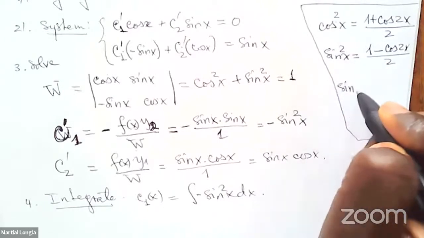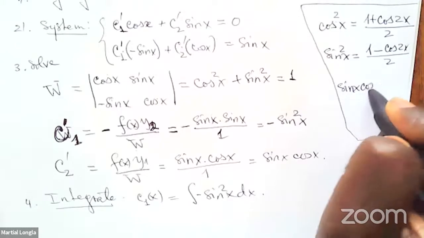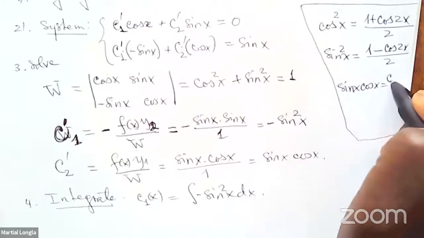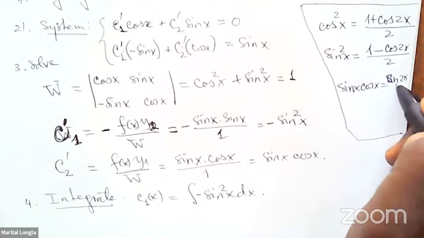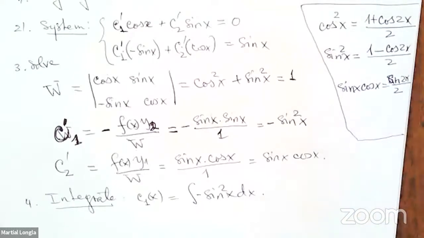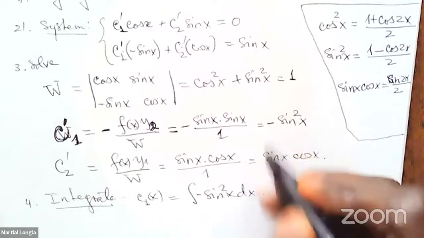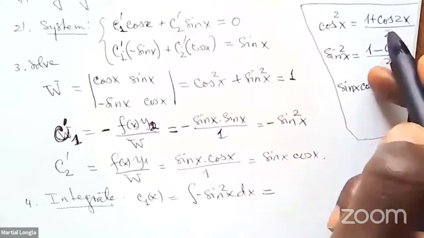And sine x cosine x is nothing but sine 2x over 2. These formulas are pretty handy when you're solving problems like this and you encounter sine squares, cosine squares. So in this integral, if I don't know this, I'm done.